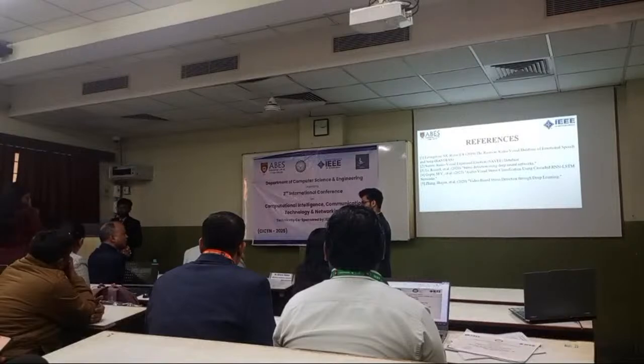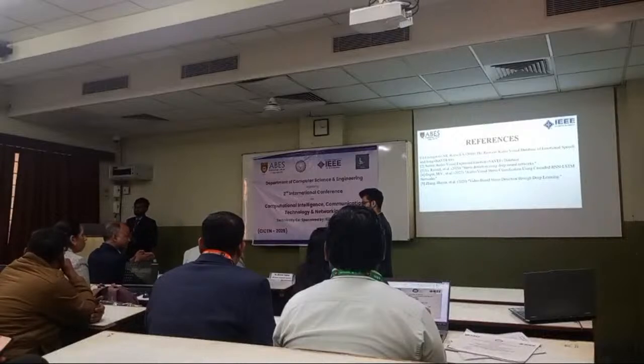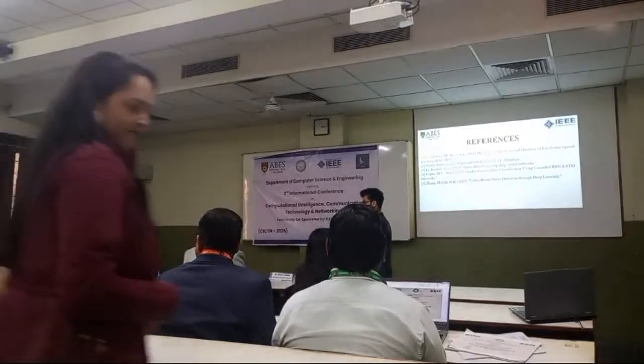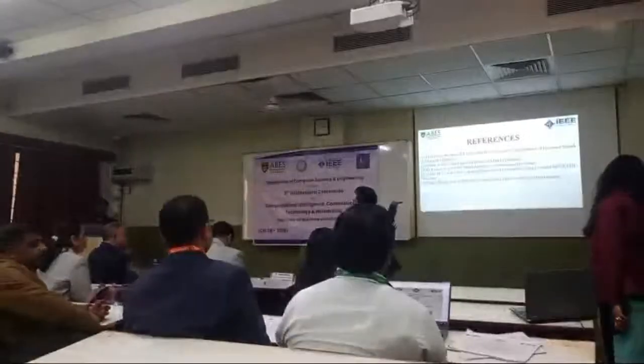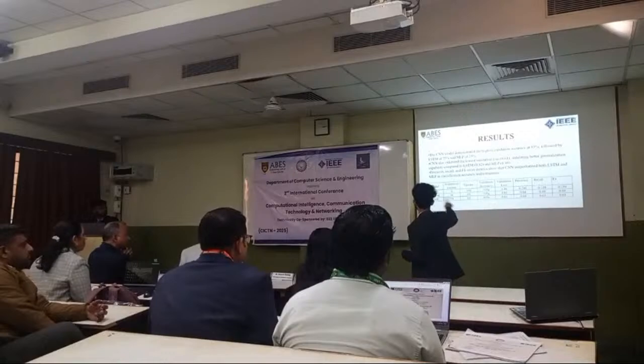For accuracy, you already have F1, recall and precision; there are many activities to validate, and these parameters are also written up. Once we do the result, these are the other parameters.